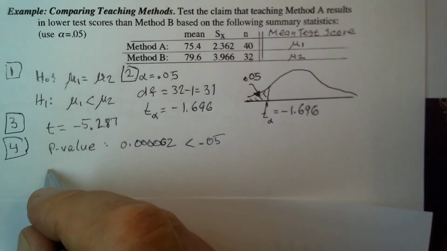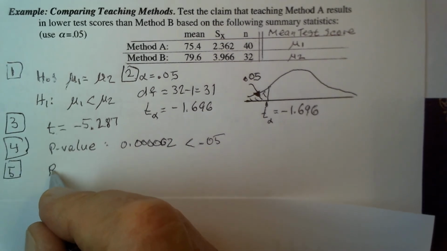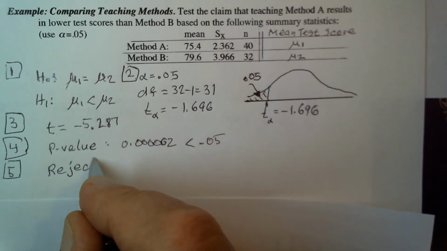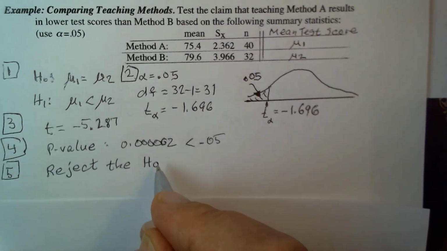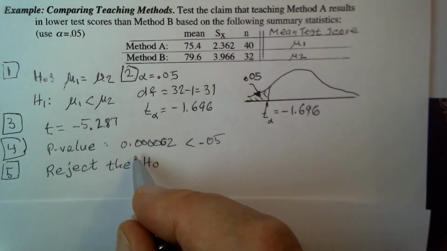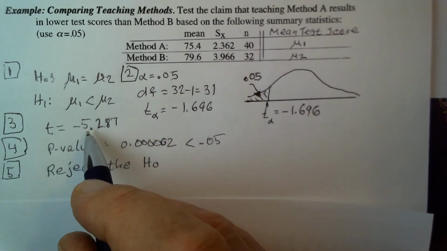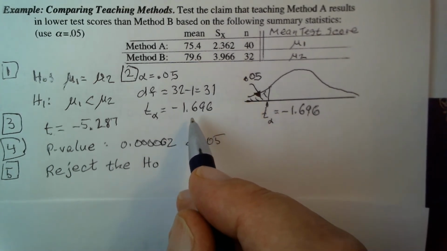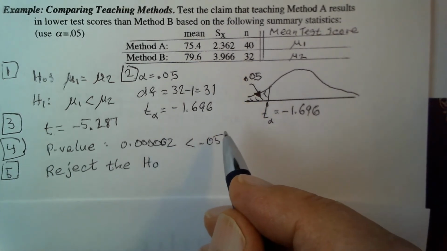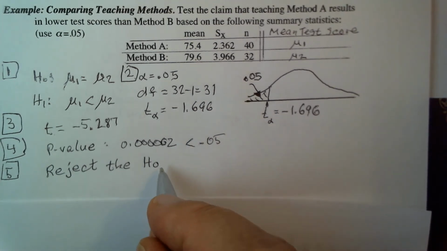So reject, that's our decision, reject the null hypothesis. In fact, some people might even say strongly reject the null hypothesis because the p-value is so much smaller than alpha, and also the test statistic is way into the left tail here. So in other words, the probability of finding anything to the left of that is extremely small. So we certainly reject the null hypothesis.